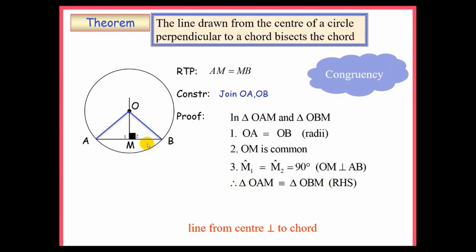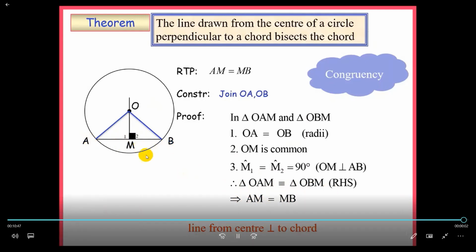And we have a case, right angle, hypotenuse, side. Now, if these two triangles are congruent, we can now conclude that AM is equal to MB, which proves that the chord AB is bisected.